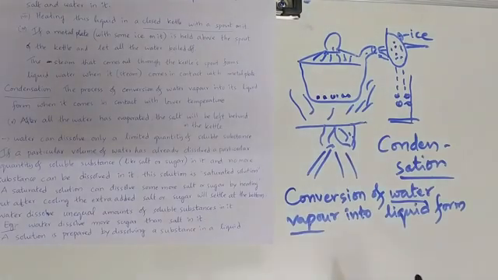Now coming to this, see, water can dissolve only a limited quantity of any soluble substance. It can dissolve salt up to some extent or sugar up to some extent.